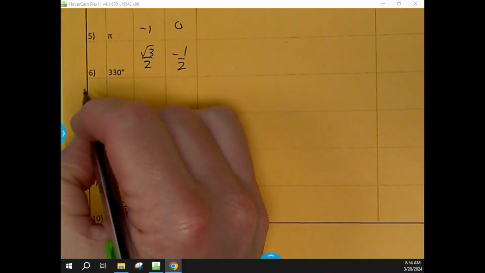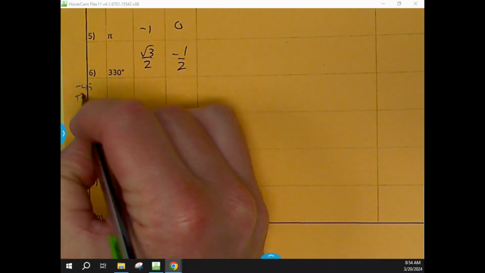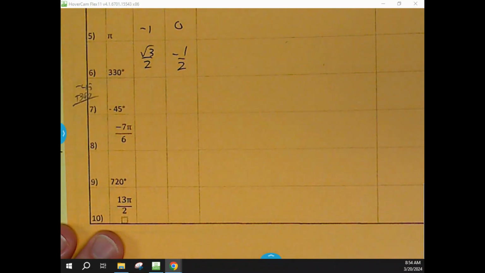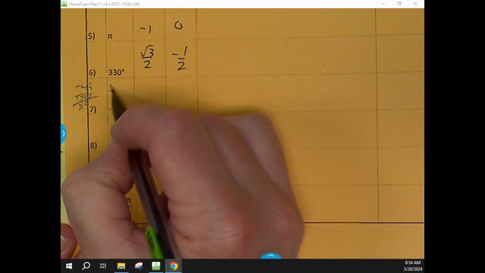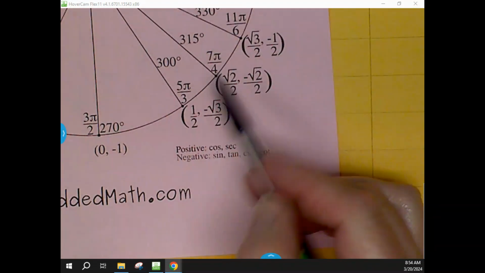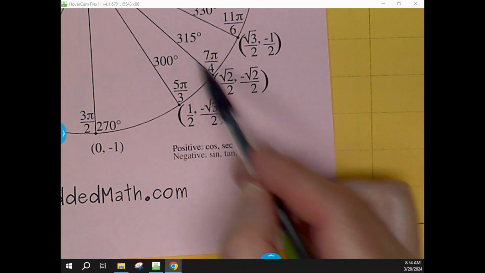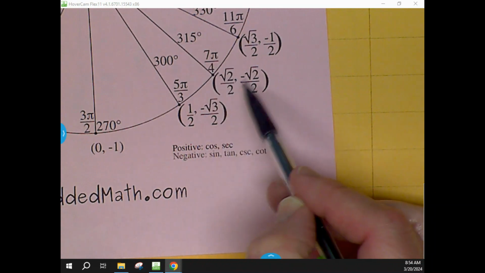Negative 45 plus 360 is 315, correct? So negative 45 is the same thing as 315. So 315 is basically this one, so it's square root of 2 over 2 and then negative square root of 2 over 2.